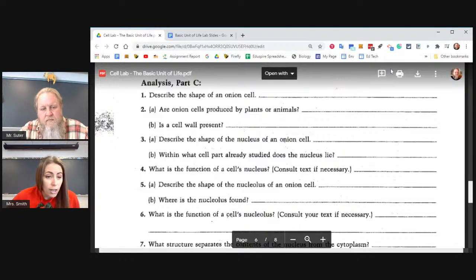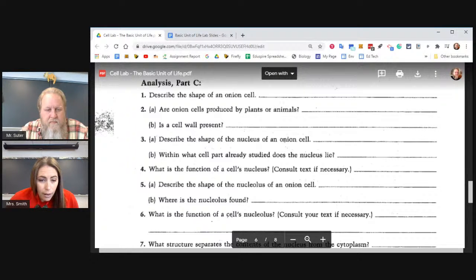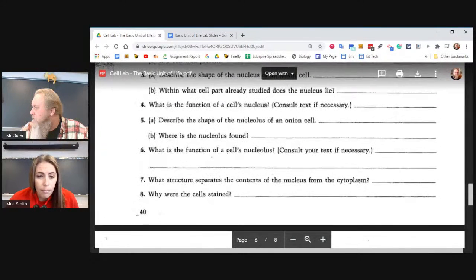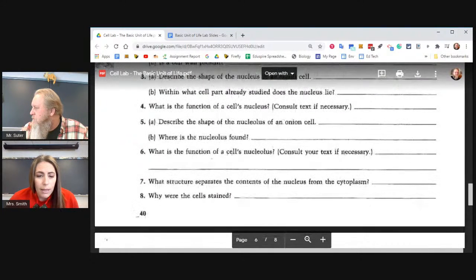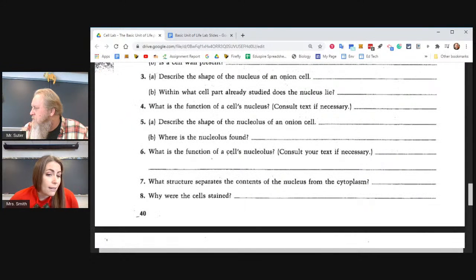And the function, like Mr. Suter talked about the other day, is that it is responsible for producing ribosomes. What structure separates the contents of the nucleus from the cytoplasm? That would be the nuclear membrane.